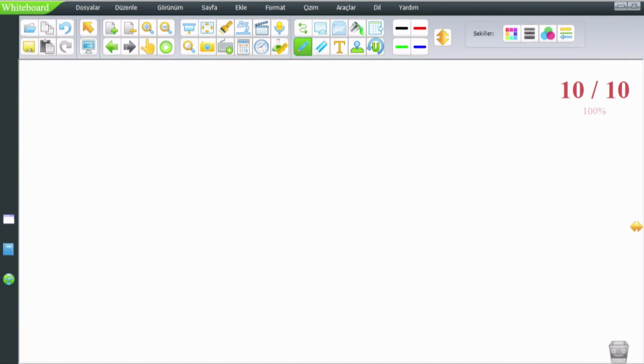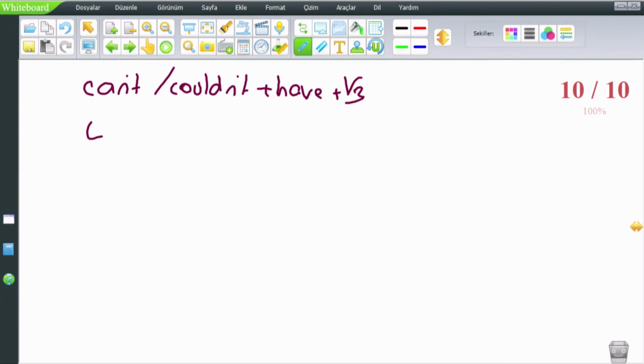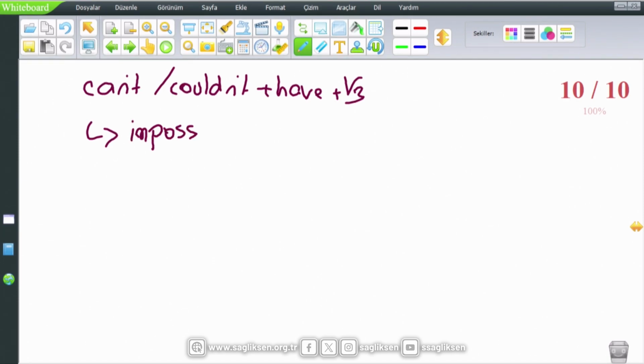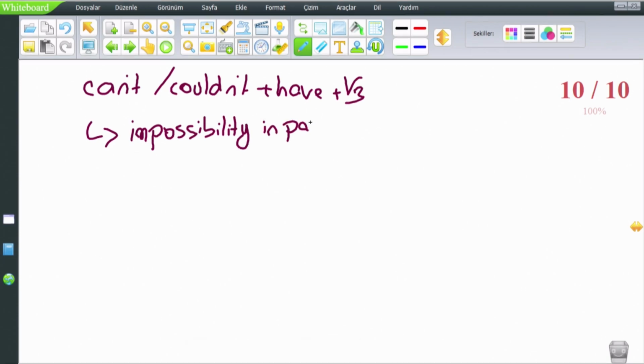Next, we have can't or couldn't have verb 3, which represents impossibility in the past.